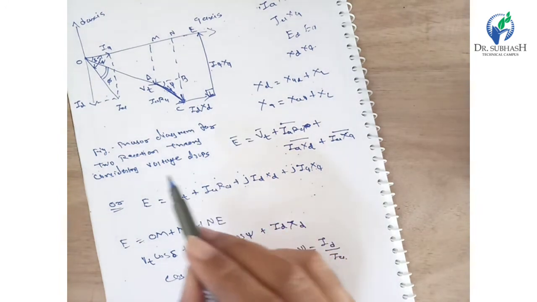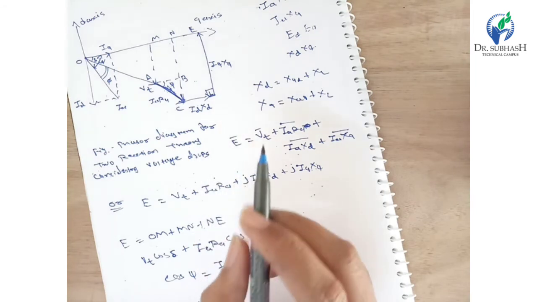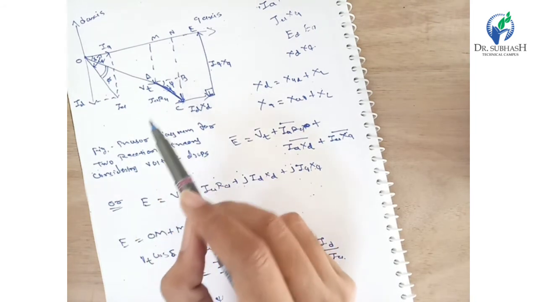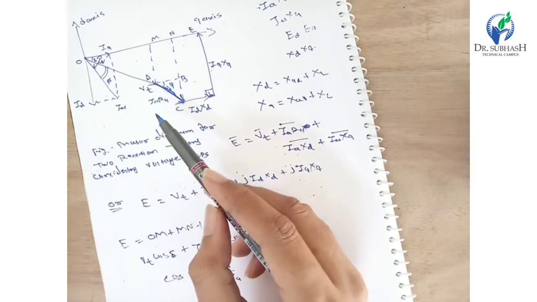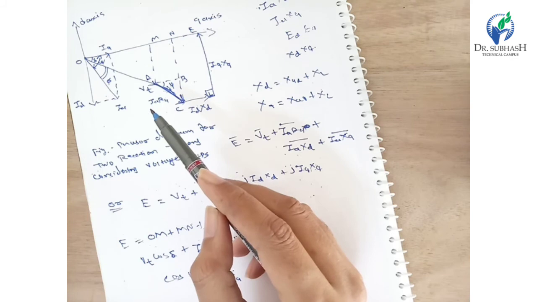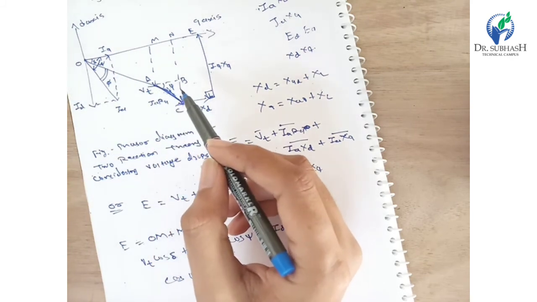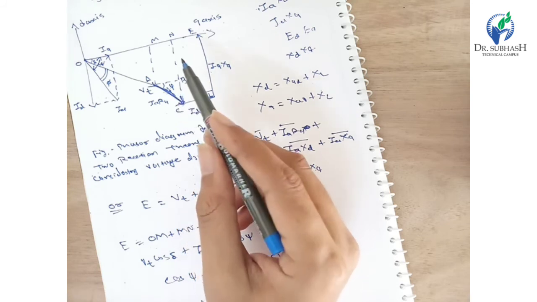For the explanation of the voltage drop in this phasor diagram, Vt is drawn lagging the Q axis by some angle, considering the lagging power factor by armature current and terminal voltage by angle of phi, that is the power factor angle.